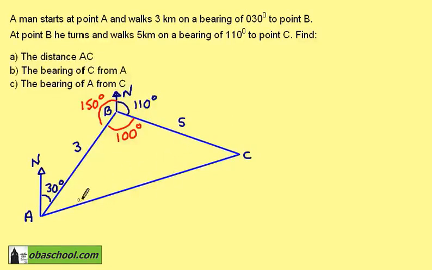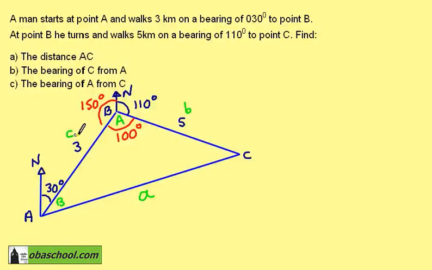We now want to use this information to work out the length of AC, which is part A of the question. Since we want this length, it makes sense for us to call it a. The angle opposite then we'll call A. If we call this angle B, this side is b, and we have C and c.